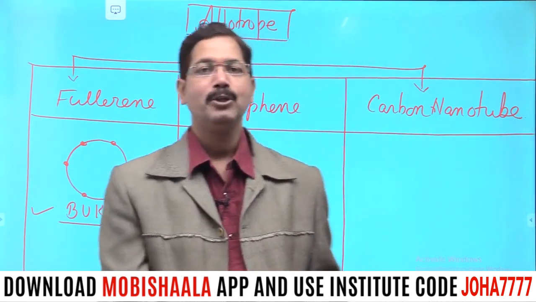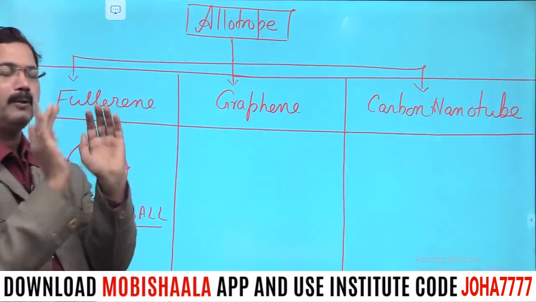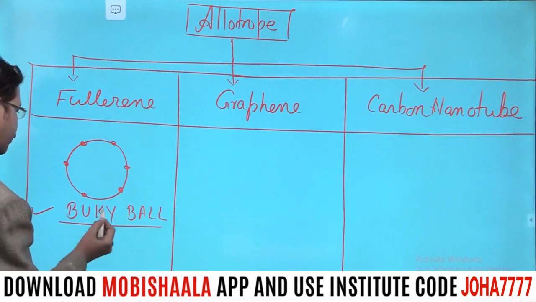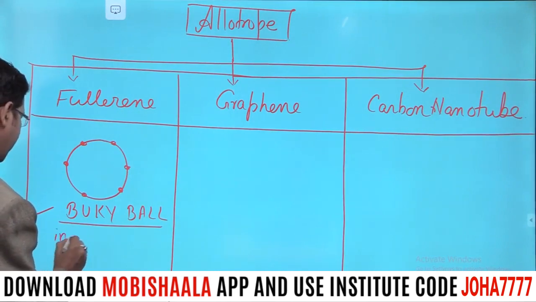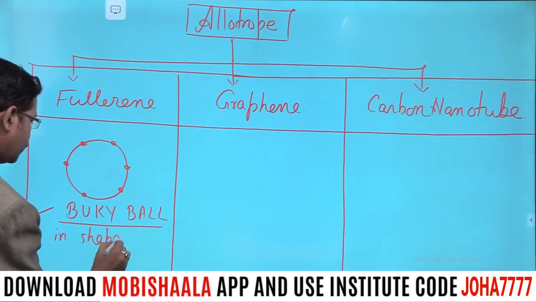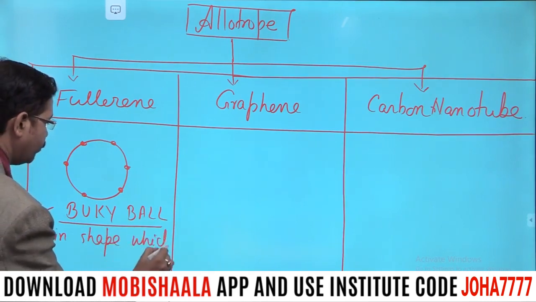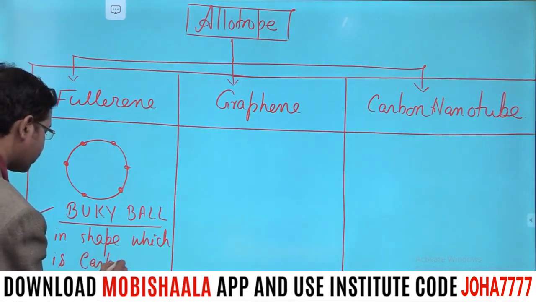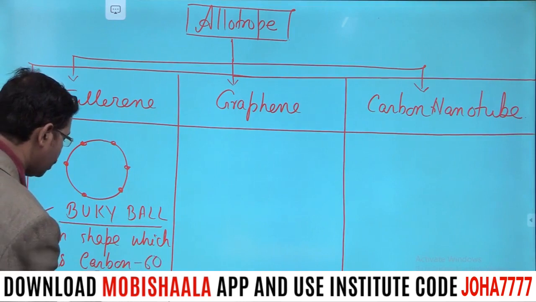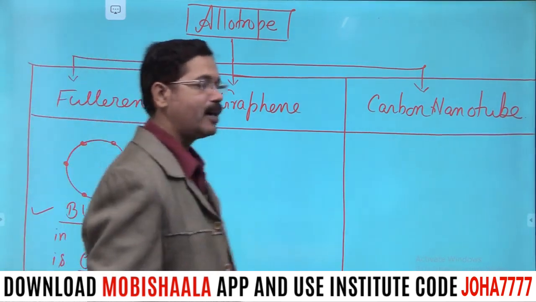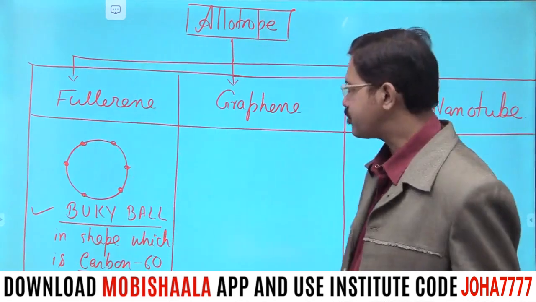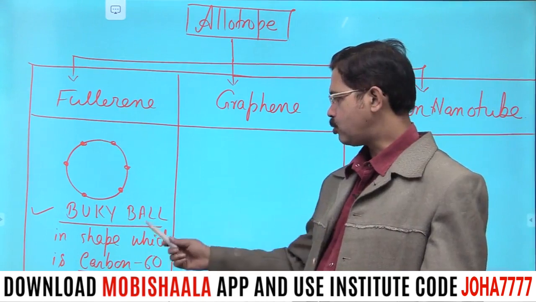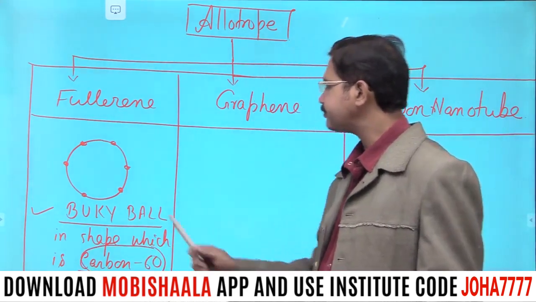Like that, this is a bouquet ball in shape, which is mainly carbon 60. It is also treated as carbon 60. So there may be a prelims question: what is the material of fullerene? So it is what? Carbon 60.